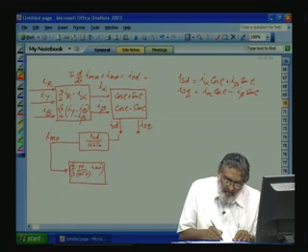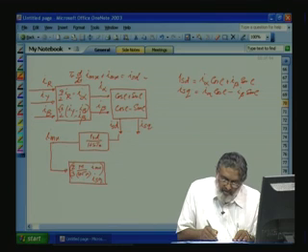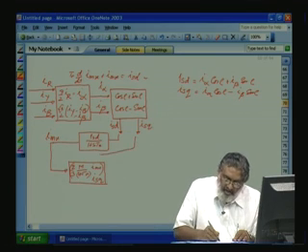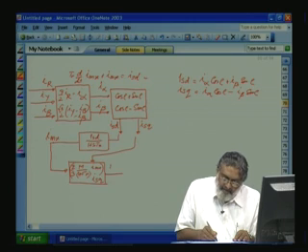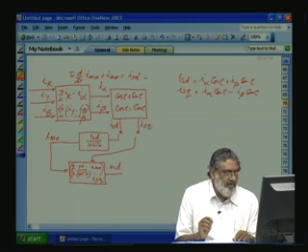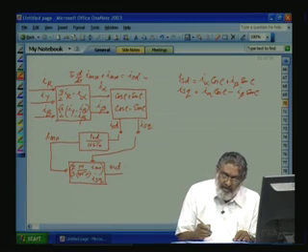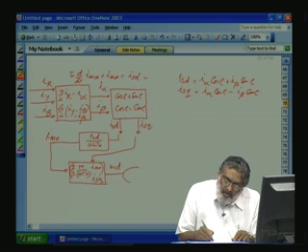IMR into ISQ. ISQ we got here. This torque is MD, the driving torque. Minus load torque. This is the load torque.